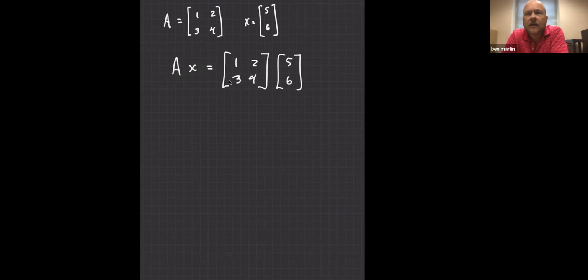I always visualize this as taking the vector coming in at the end and tilting it up sideways and multiplying it by the columns of the matrix. That is the reason why you have to have the same number of rows in the second one as you have columns in the first one.